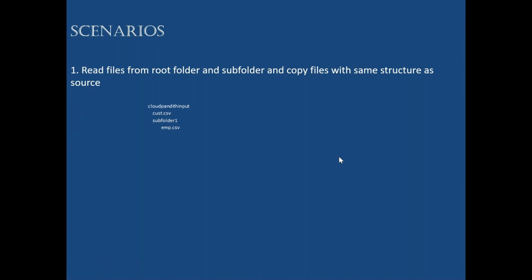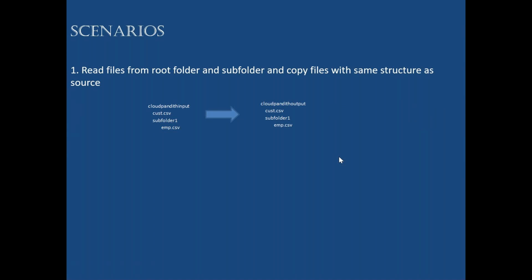Under that you have custom.csv, and inside that you have something called subfolder 1. Under subfolder 1 again you have emp.csv. How I want to copy into the target is as it is, the same structure as it is, into the Cloud Pandit output.